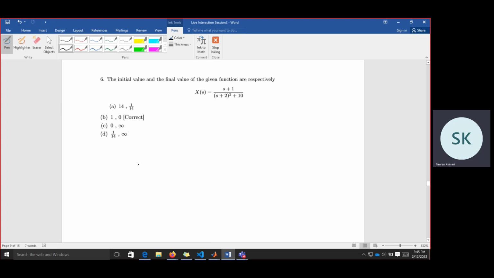So can you tell me what will be the initial value using Laplace transform? What is the formula? Anyone? This is week 2 content. It's the limit as s tends to infinity of sX(s).